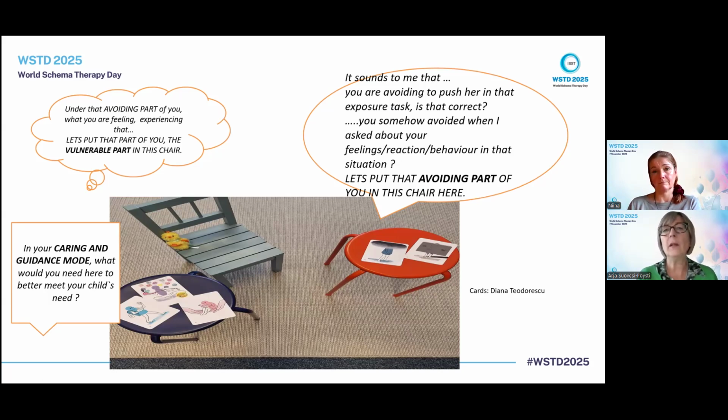When the avoiding mode is activating in the session, or we hear that the avoiding mode is present at home with the child or adolescent, we can put that mode in the chair and investigate with the parent how it works and what the parent needs that avoiding mode for.